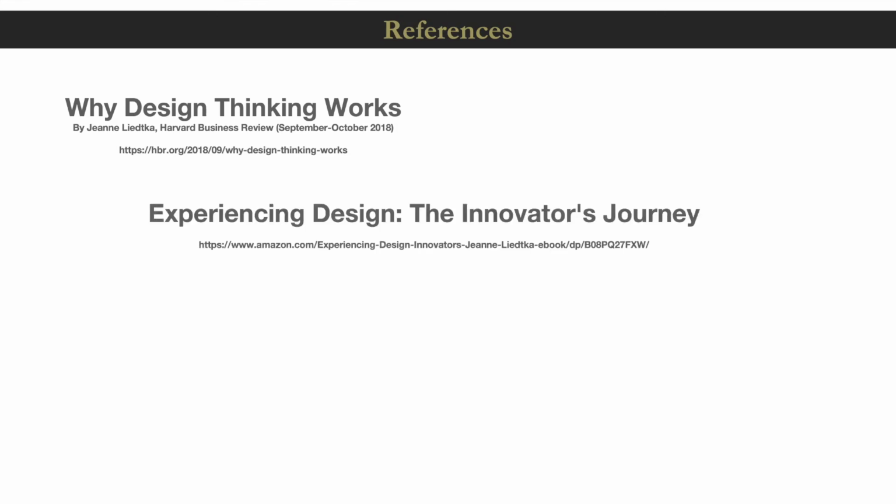Why design thinking works, there's a fantastic Harvard Business Review article by Jeanne Liedtka, and she talks about how design thinking is so critical, and she goes into more detail about how to make design thinking work and why traditionally it works. She's also got a fantastic new book coming out. She's written extensively on this subject, but the latest book out is Experience. It's not out yet.